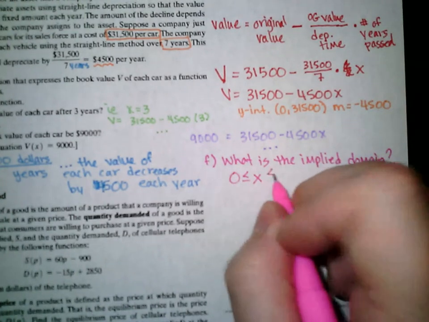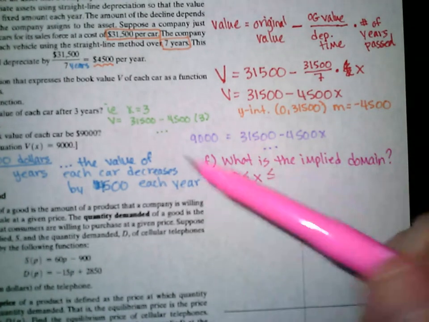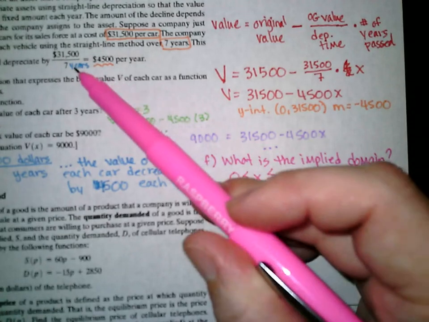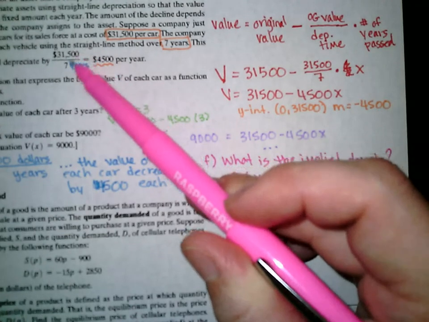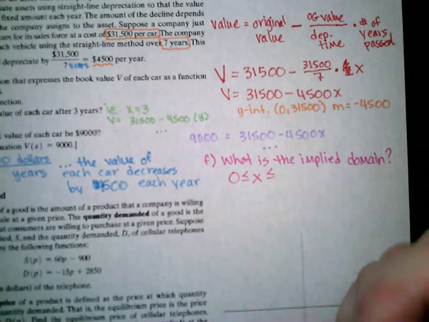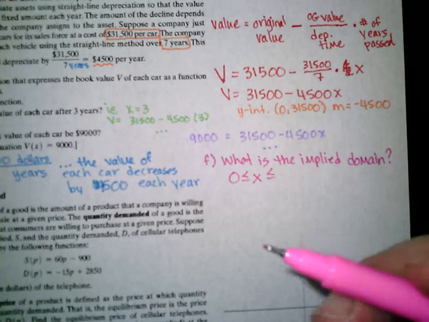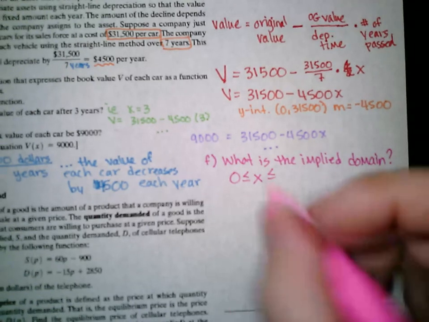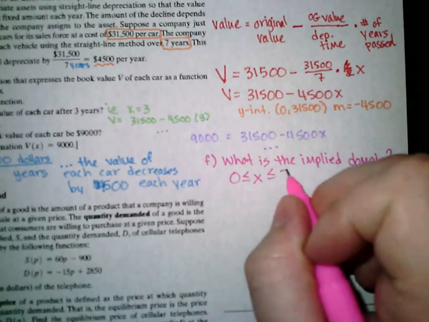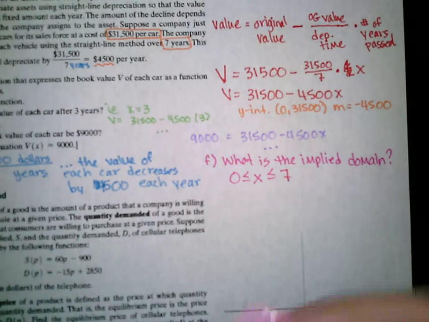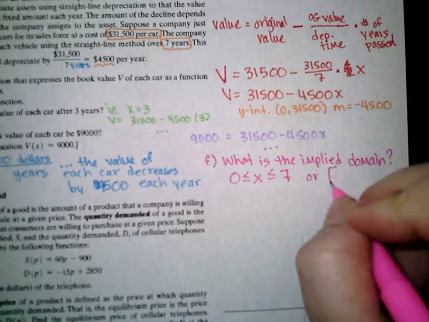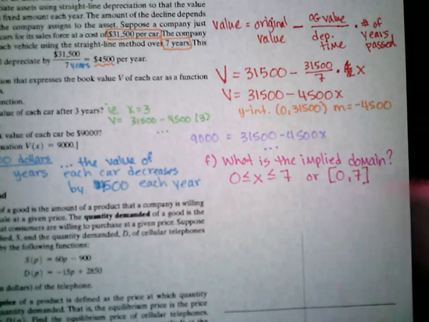But then remember, since we're depreciating the entire amount over the course of 7 years, at the end of 7 years that car is going to be worth $0, and we're not going to own something that's worth negative money. So the implied domain would be between 0 years and 7 years, or 0 to 7 in interval notation.